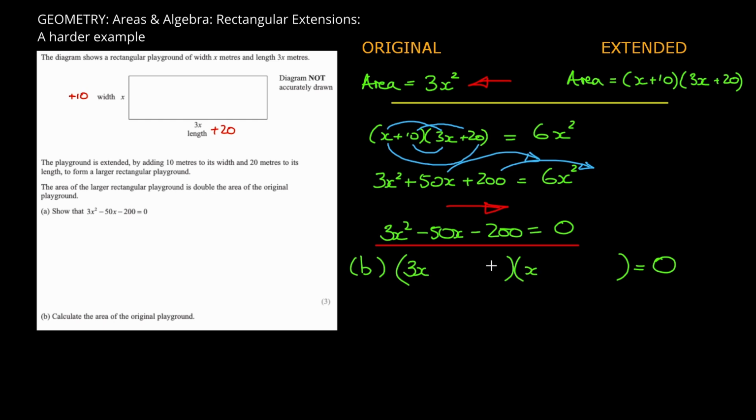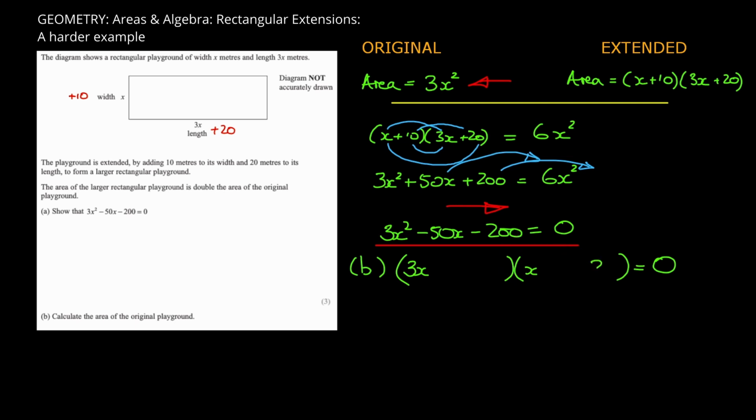Now 200, it's tempting to put 20 and 10 here because we've got 20x here and 30x here, so 50. So these would have to be both negative to give us a negative 50x. The trouble with that is that negative 20 multiplied by negative 10 would give us positive 200. This isn't going to work.